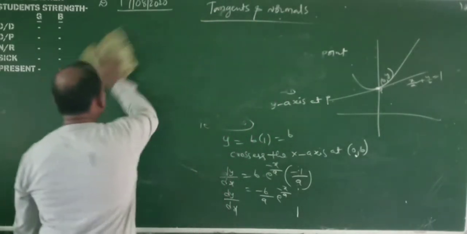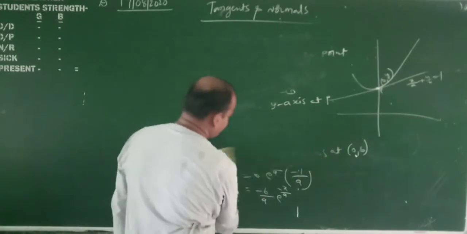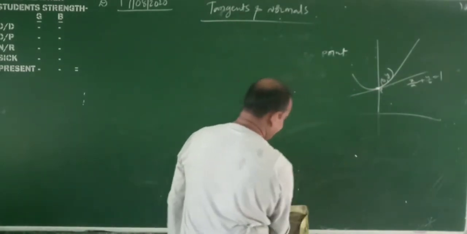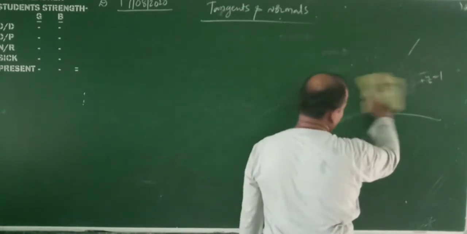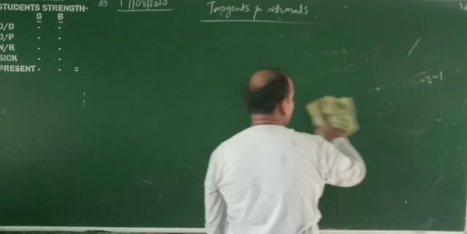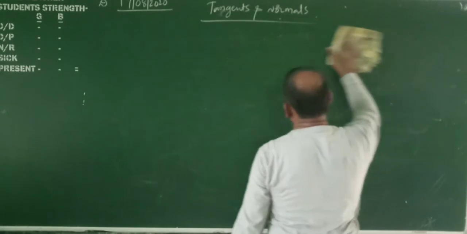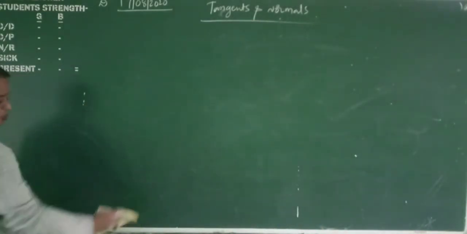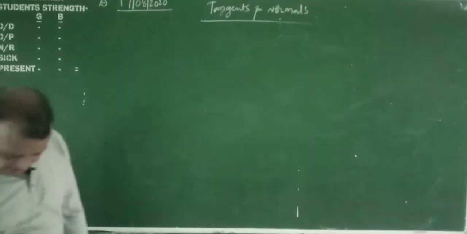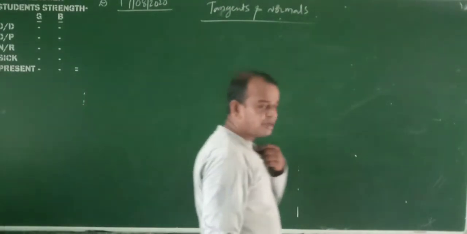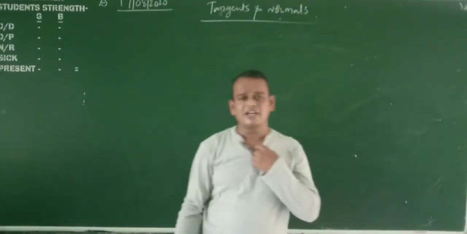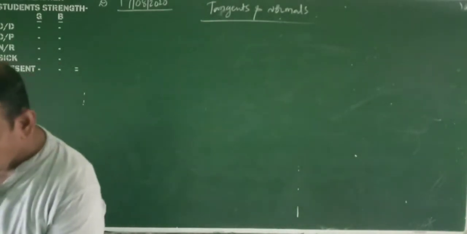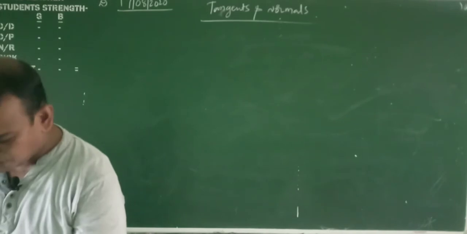It is very simple. First we learn the concept, how to do it. I already explained many ideas: when lines are parallel, perpendicular, tangent, the slope of the x-axis, the slope of the y-axis, when the curve meets the x-axis, and when the curve meets the y-axis. Each and every one I explained already. Now we are going to the next problem.